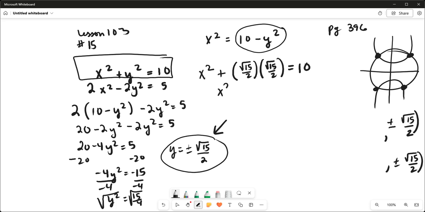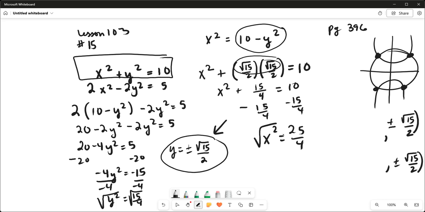So it's going to be x squared plus, this is just going to be 15 over 4. So I'm going to subtract 15/4 from both sides. So 10 minus 15/4, which is 6 1/4. I change it back into an improper fraction, 25/4.